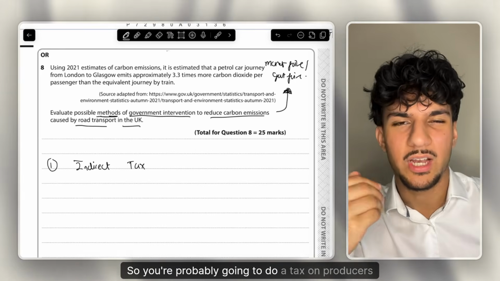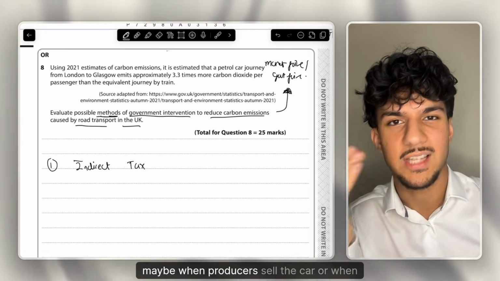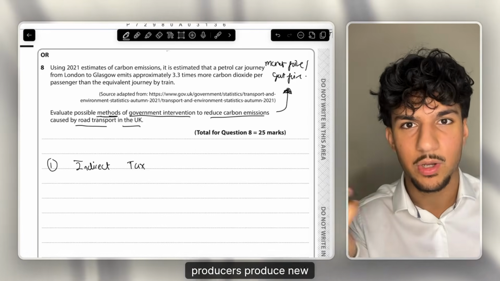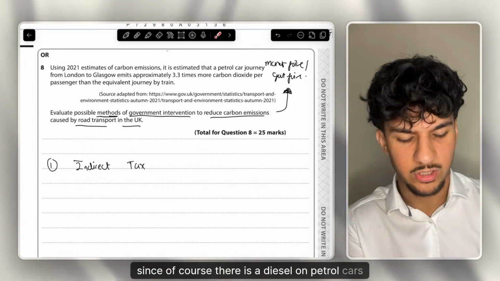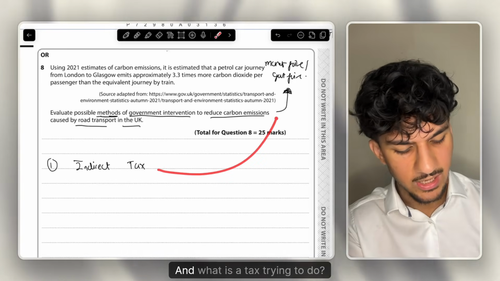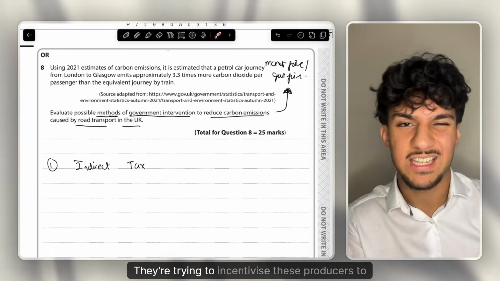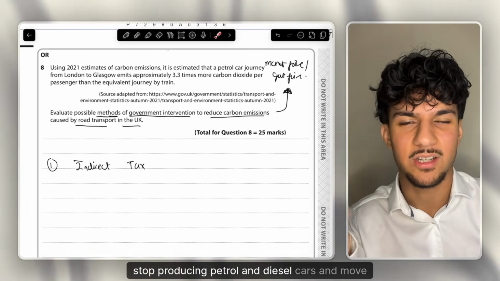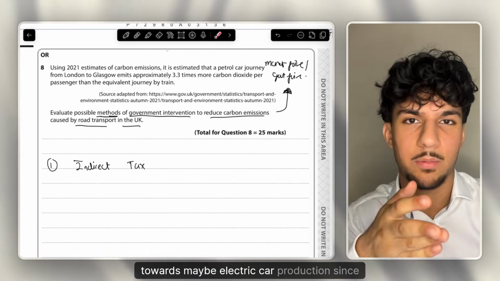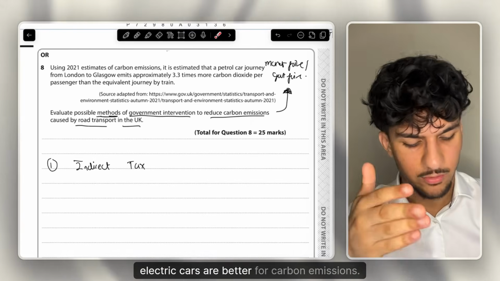So you're probably going to do a tax on producers, maybe when producers sell the car or when producers produce new diesel or petrol cars, since of course diesel and petrol cars do release emissions. And what is a tax trying to do? We're trying to incentivize these producers to stop producing petrol and diesel cars and move towards maybe electric car production, since electric cars are better for carbon emissions.